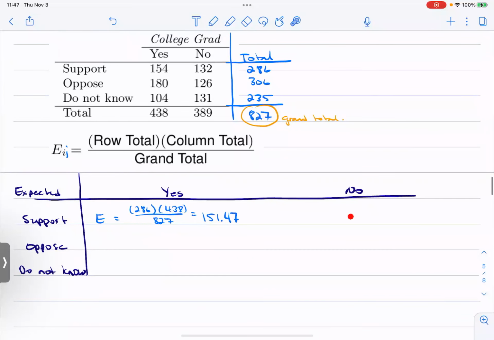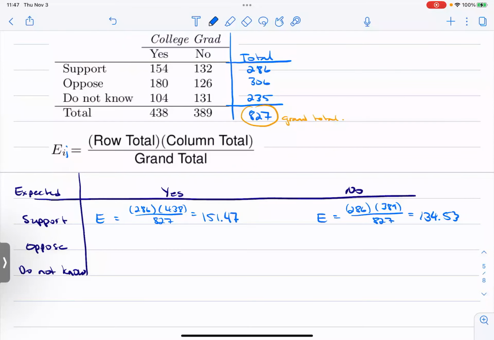Now for those in support and no, the row total is 286 times the column total of 389 divided by 827. So the expectation here is 134.53.